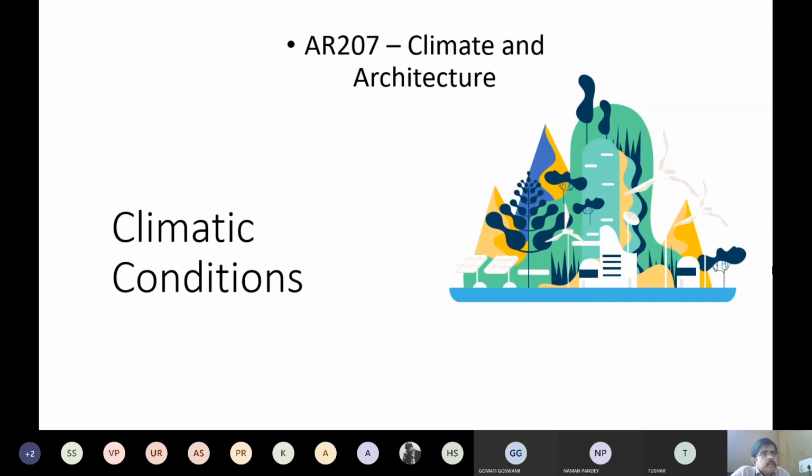Today will be the first lecture on a building science, which is climatology, climate and architecture. Different institutions call the same subject by different names. Mostly we talk about the climate within the building or outside the building. We need to look at that.